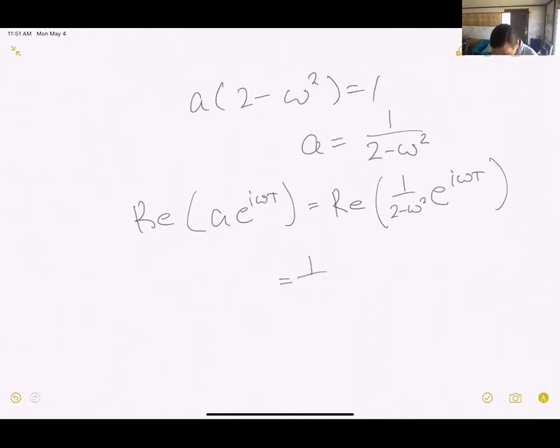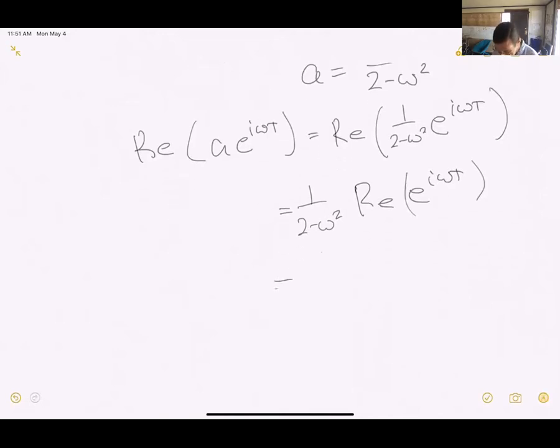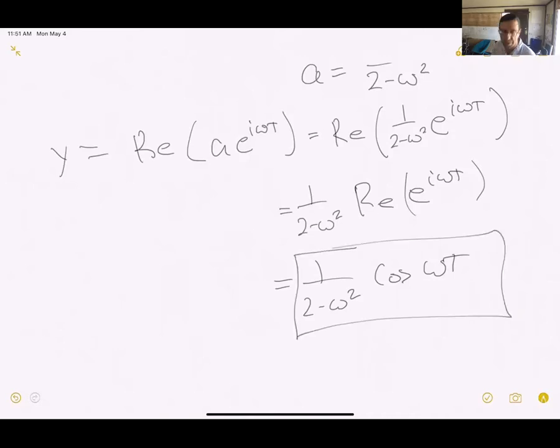So that's 1 over 2 minus omega squared times the real part of e to the i omega t. And we already said the real part of e to the i omega t is just cosine omega t. This was our guess for y. So this is one specific solution of the forced equation.